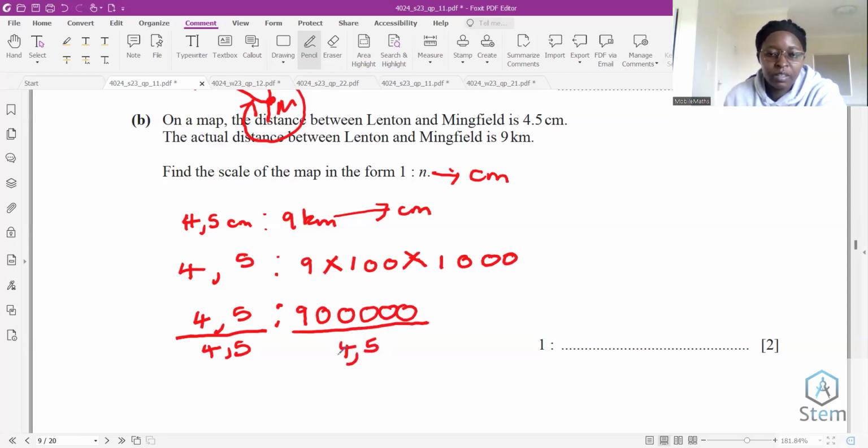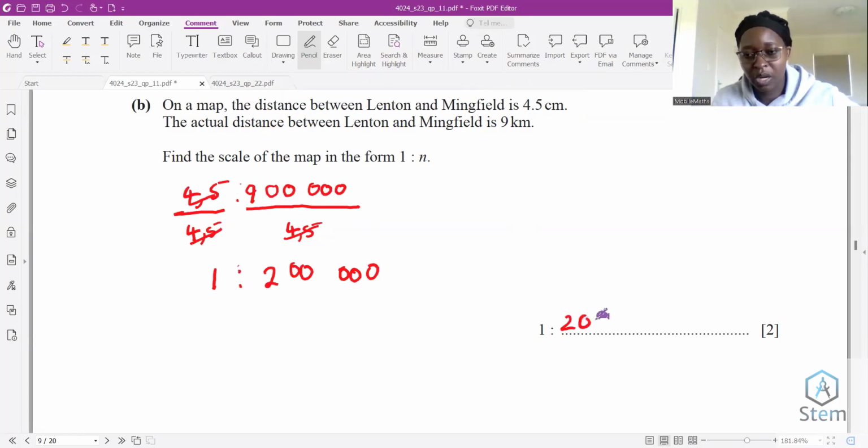On this side we get 1, and 4.5 goes into 900,000 200,000 times. So we get 1 to 200,000. Now let's move on.